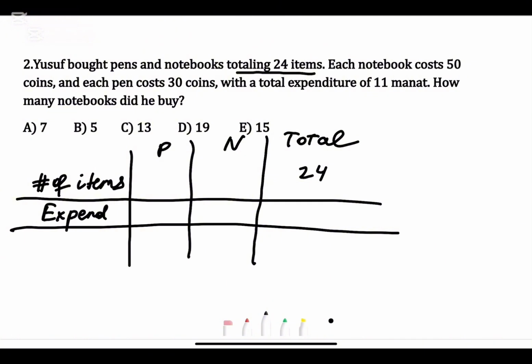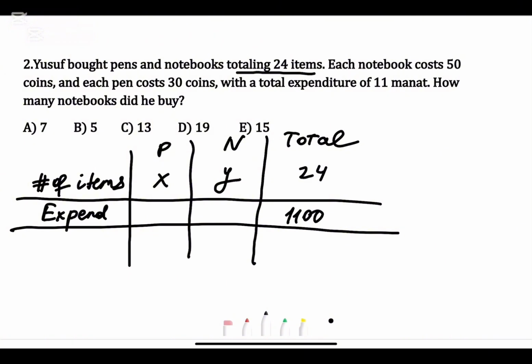Since number of pens and notebooks is not given, I'm going to be using again variables. Let's say we have X pens and Y notebooks. Then expenditure, we spend on everything 11 manat, so 1100 coins.